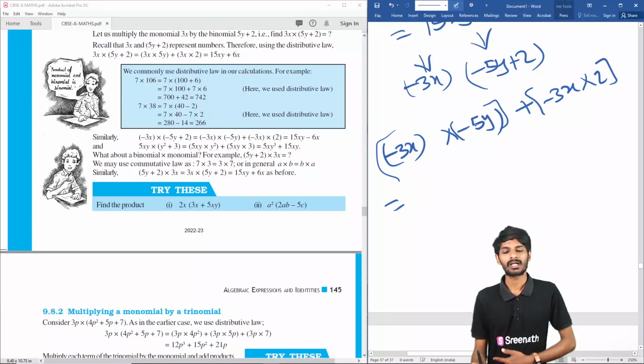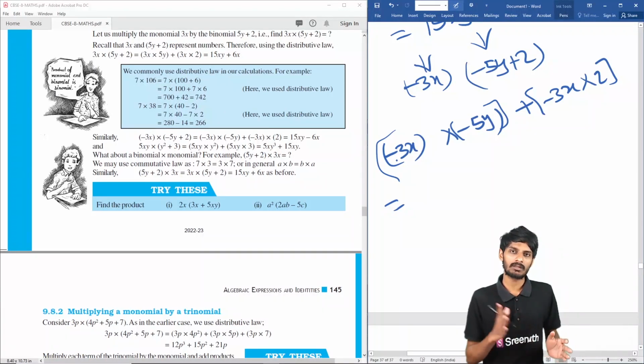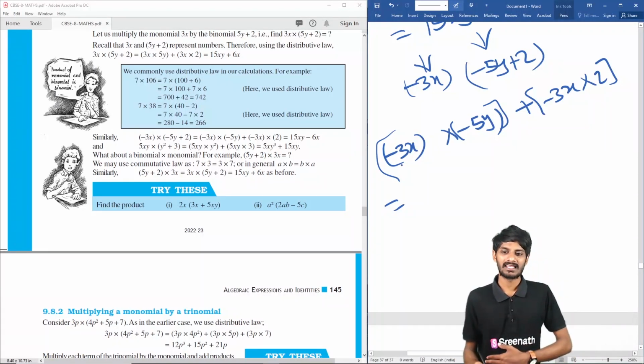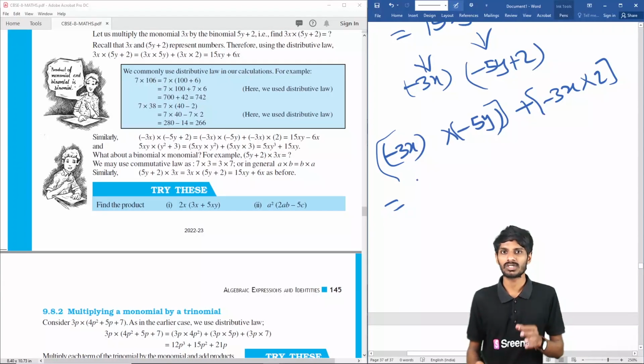So it becomes monomial by monomial multiplication, and that is so easy, just multiplying the numbers. It is minus 3 and minus 5. Minus into minus is plus, and 5 into 3 is 15. So 15xy plus, here it is minus 3x into 2.